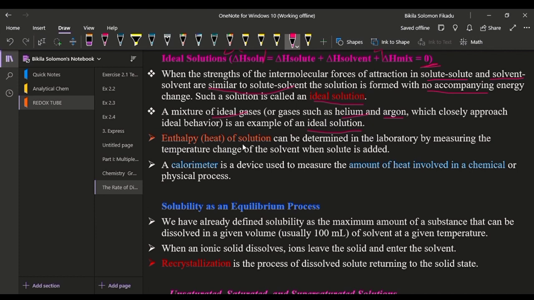It can be determined in laboratory by measuring the temperature change of the solvent when solute is added. Yeroo solute tokko solvent add ta'u laboratory keessatti, temperaturein change yookaan jijjiiramni temperature gaafa jiraatu maal jedhame waamama? Enthalpy of solution yookaan heat of solution jennee waamna jechuudha.